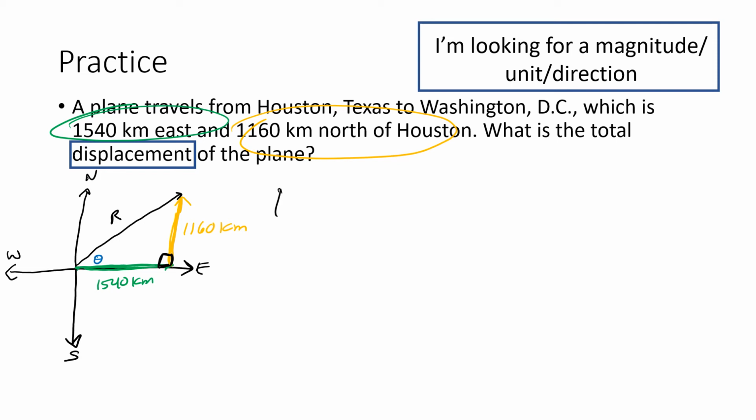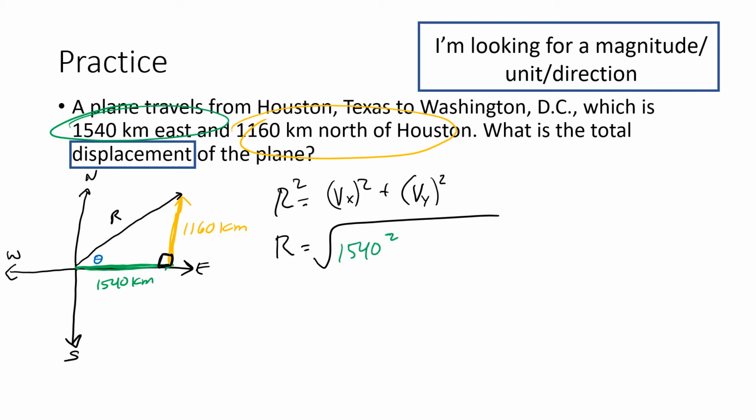R squared equals your x vector component squared plus your y vector component squared. So r equals the square root of my x component squared, 1,540 squared, plus 1,160 squared.